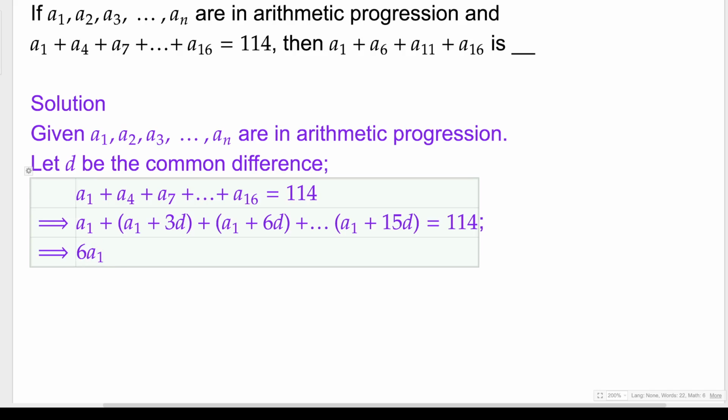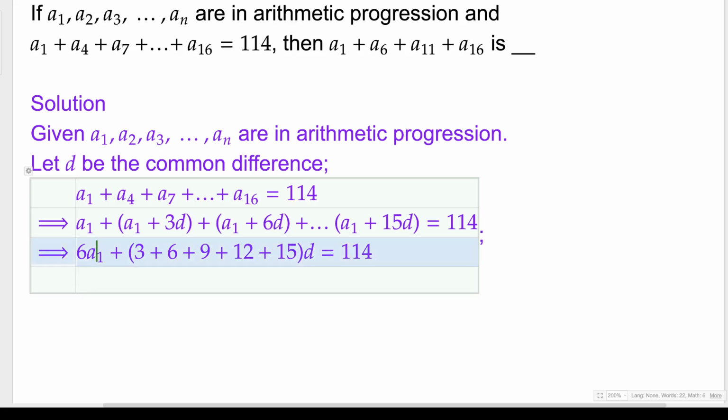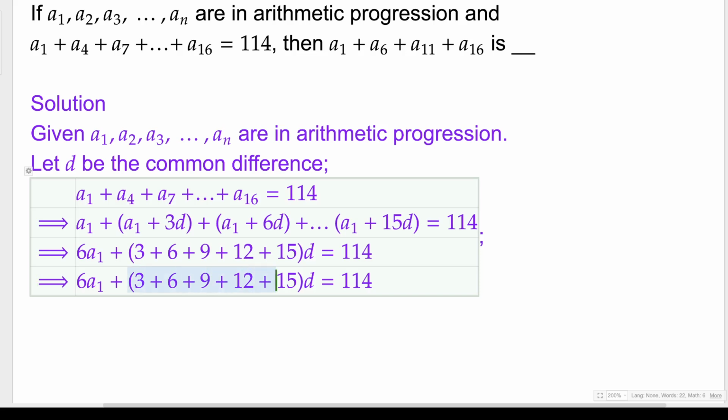Now on solving this, if you observe there are a total of 6 times a1, so 6 times a1 plus, and if I combine these terms, that is 3 plus 6 plus 9 plus 12 plus 15, with d as the common factor, equals 114. Now if I solve this, this sums up to 45d.